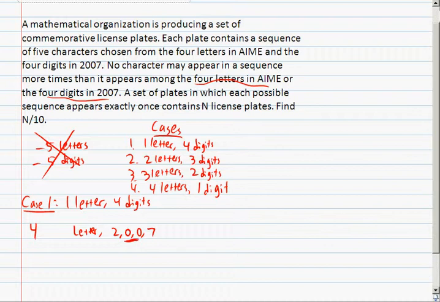So we have to divide by 2 factorial in order to account for the indistinguishable permutations. So that gives us 5 factorial divided by 2 factorial times 4, because we have 4 possible outcomes for the letter, which is 120 over 2 times 4, or 60 times 4, or 240 license plates in this case.